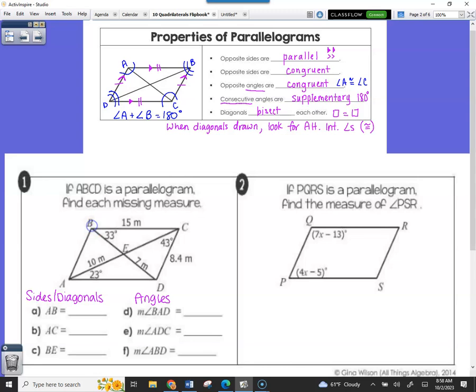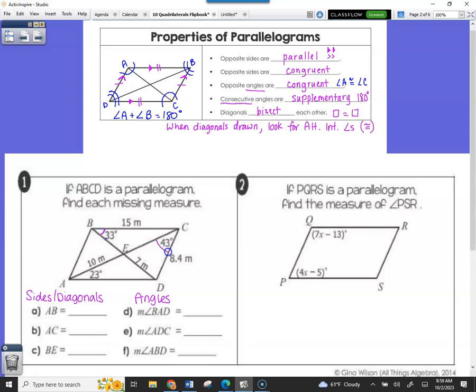Notice it says side BC measures 15. Notice it says CD measures 8.4. Notice diagonal part AE measures 10. Diagonal part DE measures 7. Then we have 33 degrees here.